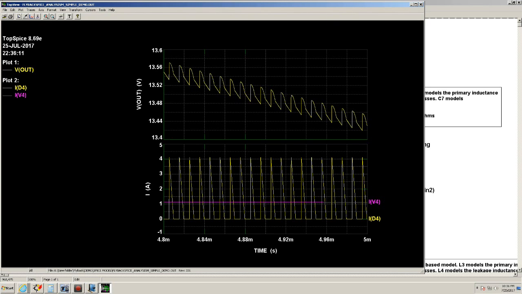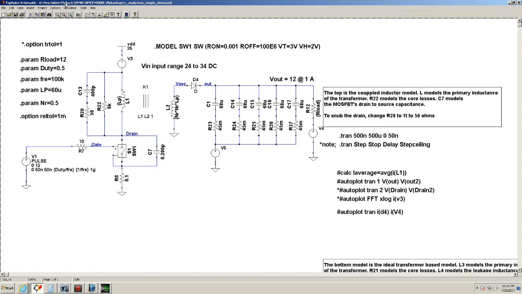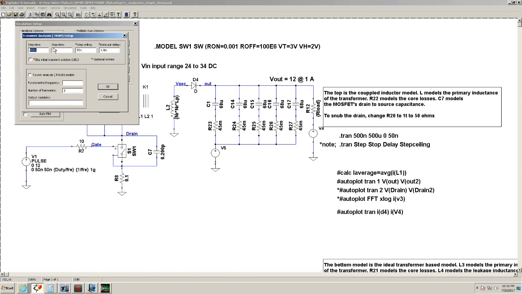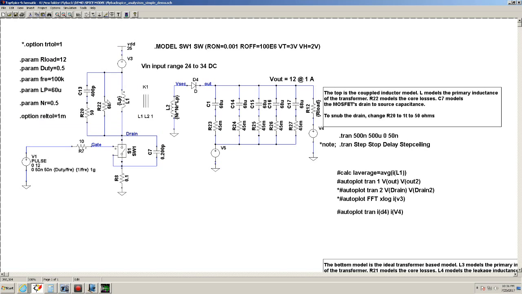Let's simulate for a little longer since it's such a big capacitor. It takes longer to charge.